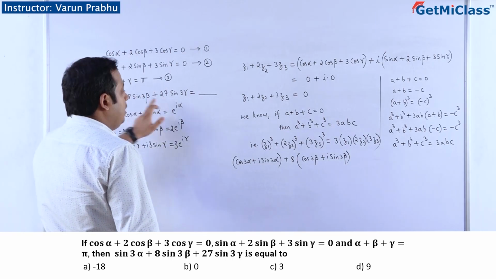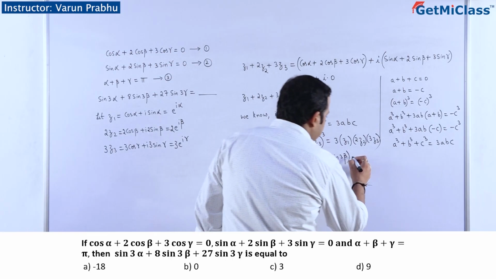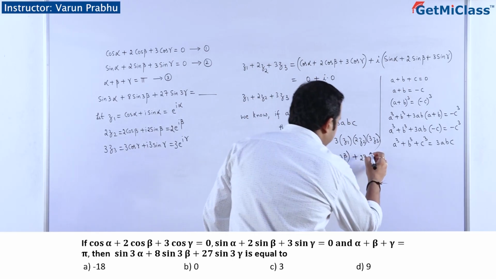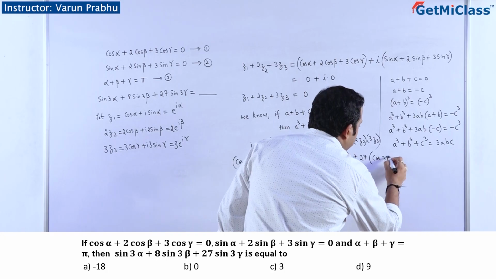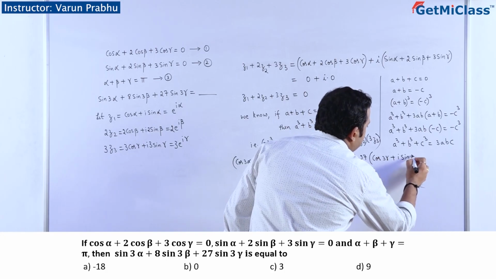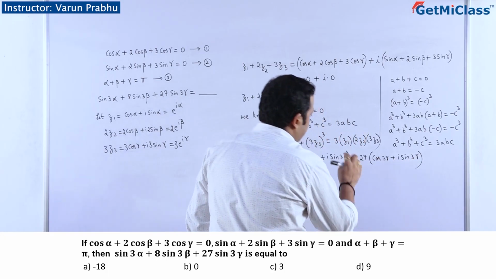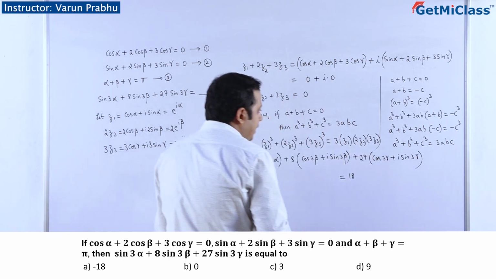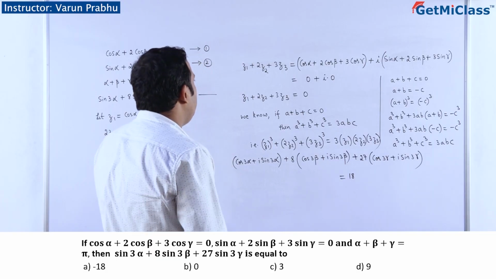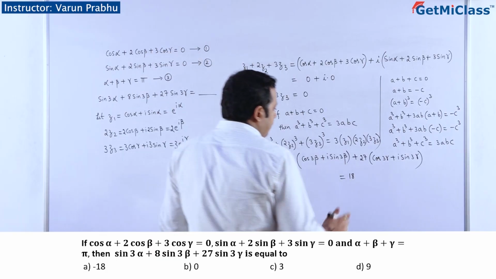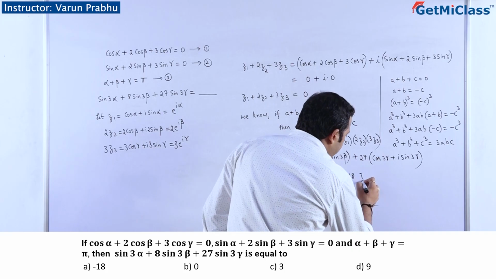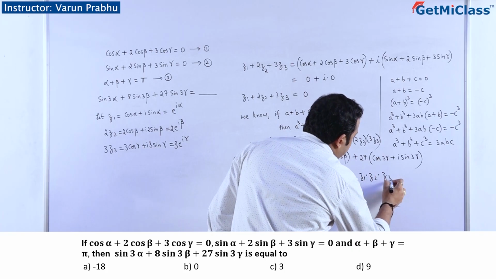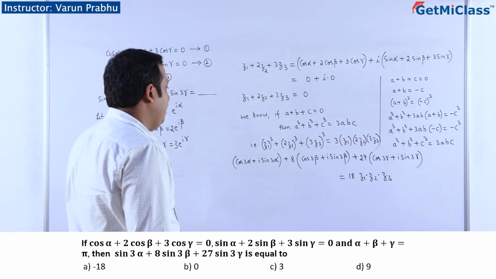And plus 27 times, 3 cube is 27, cos 3 gamma plus i sin 3 gamma, that is equal to 3 twos are 6, 6 threes are 18, 18 times z1 into z2 into z3.